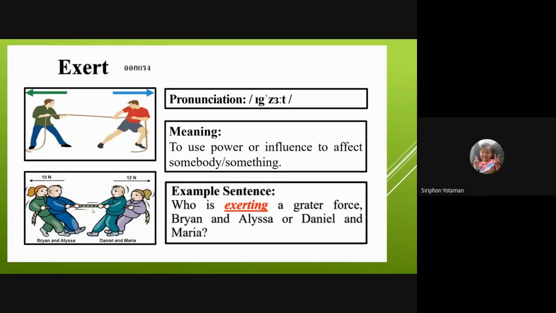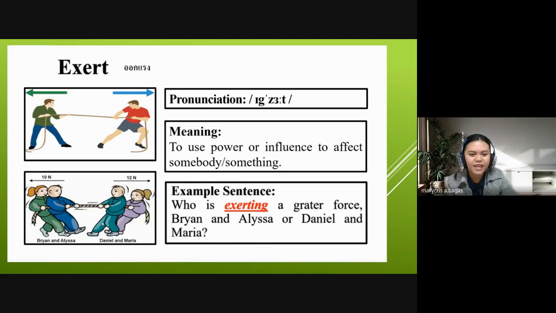Daniel and Maria, they have 12 Newtons of force. This is Newton, from the name of Isaac Newton.